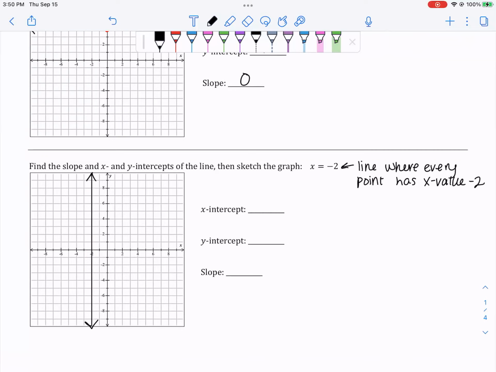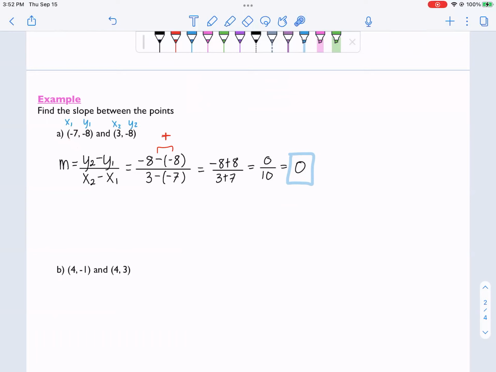On the bottom, this is 3 plus 7. So we have 0 over 10, and 0 over 10 is just 0. The slope between these two points is 0. They have the same y value but different x values. They are on a horizontal line.